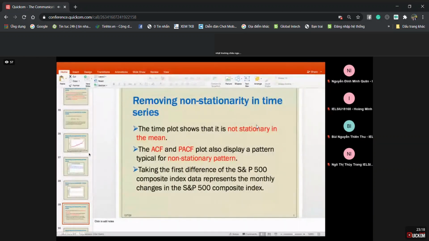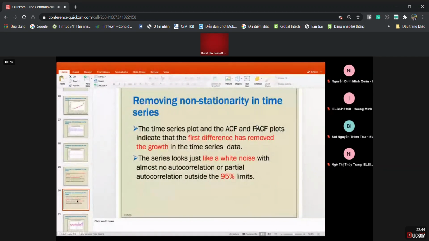Let's look at this. That is non-stationary, the mean is not constant, so we conclude it is non-stationary. We have significance at several lags with slow decline, and in the partial ACF one lag significant equal to 1 and the rest near 0. So let's see how we remove that.